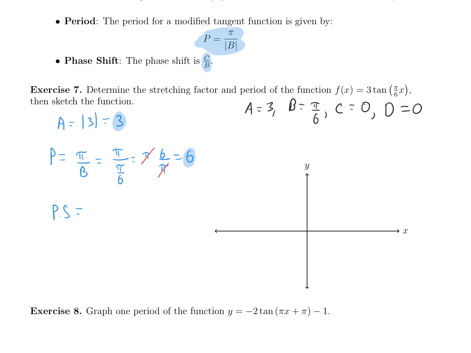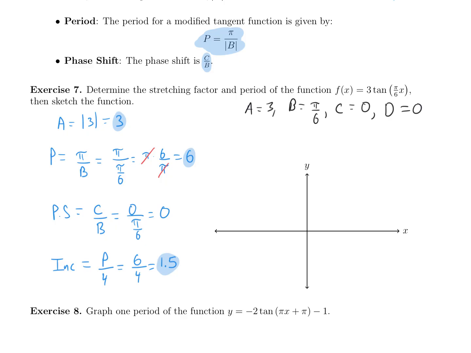Phase shift is C over B, which will be 0 over pi over 6, which is 0. That means there is no phase shift. And I forgot to mention the increments, so let's go back to the increments, which is the period over 4, which in this case is 6 over 4, which is 1.5. So our increments are going to go by 1.5.